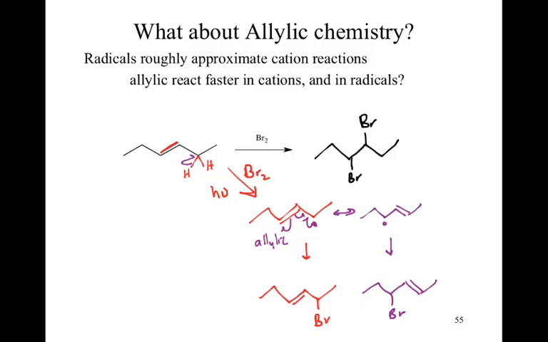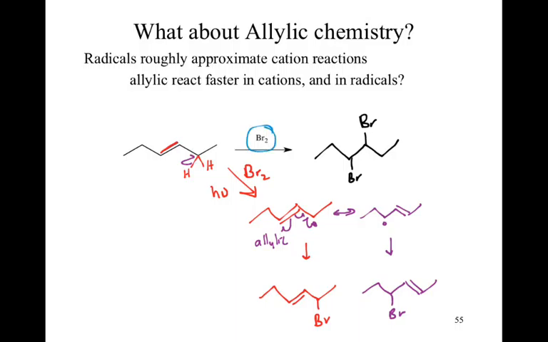So the double bond introduces an issue within our radical reactions because we actually form a more stable radical by doing allylic reactivity. So we have to be very, very careful with the context of bromine.